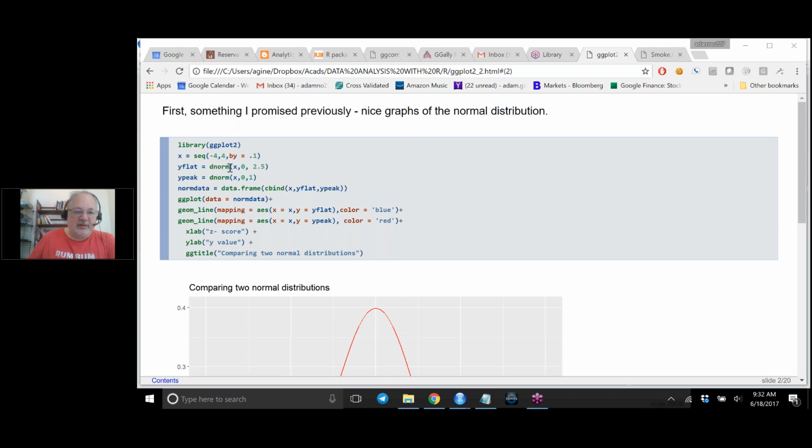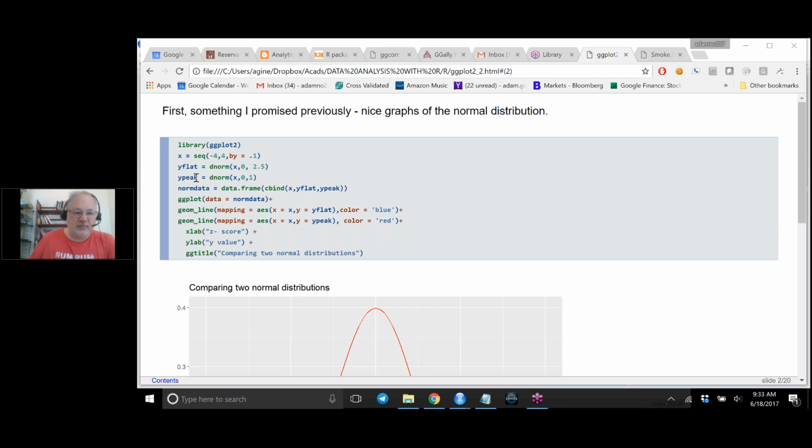Remember, d is the density function, so dnorm gives the density, and I just have x as my x coordinates. I'm going to go from a z-score of -4 to +4 by 0.1, so I have a data point every 0.1 between -4 and 4, and dnorm with 0 and 2.5 means the mean is 0 and the standard deviation is 2.5.